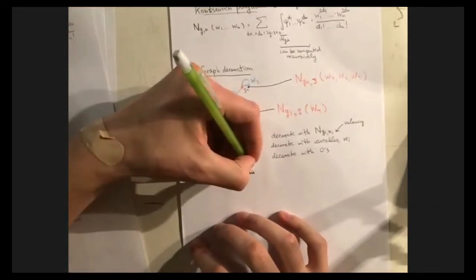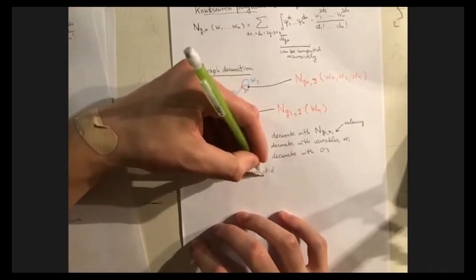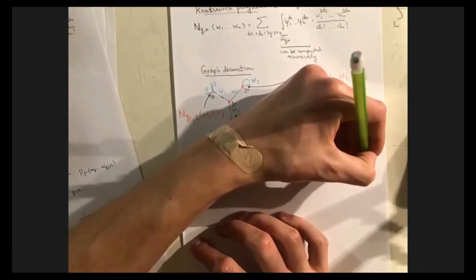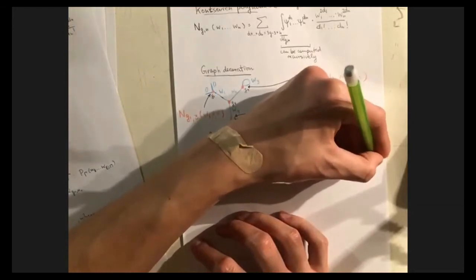Okay, so this would be called graph decoration, and once I have a decorated graph, I have a polynomial associated to this decorated graph. Let me call this polynomial P_gamma. The polynomial depends on the variables w_1 through w_{number of edges}.